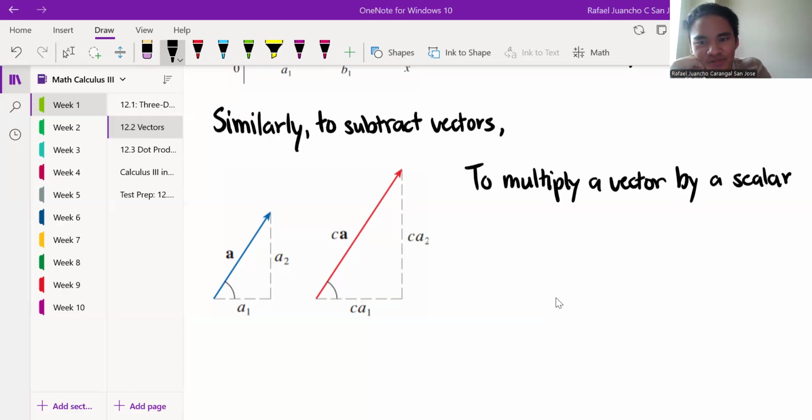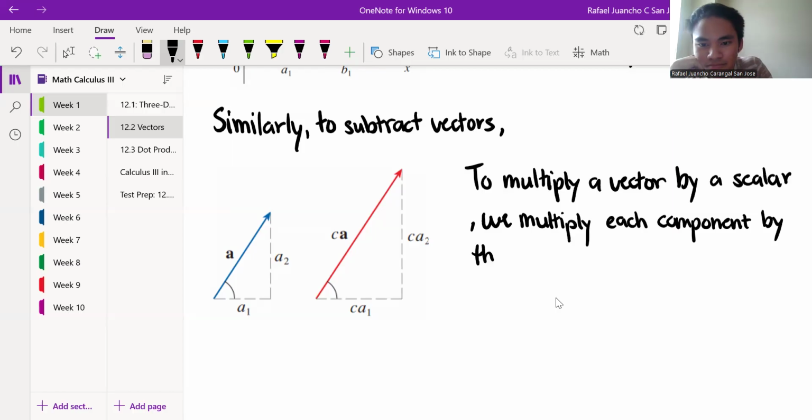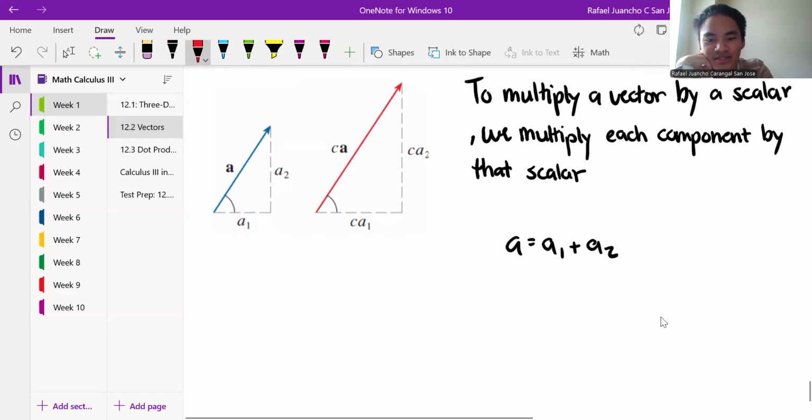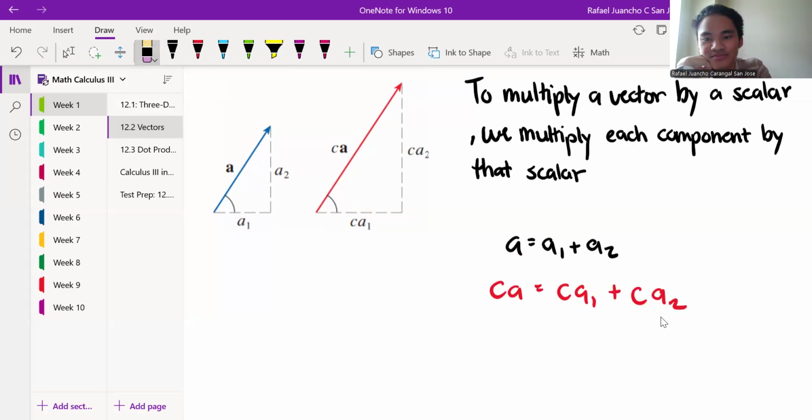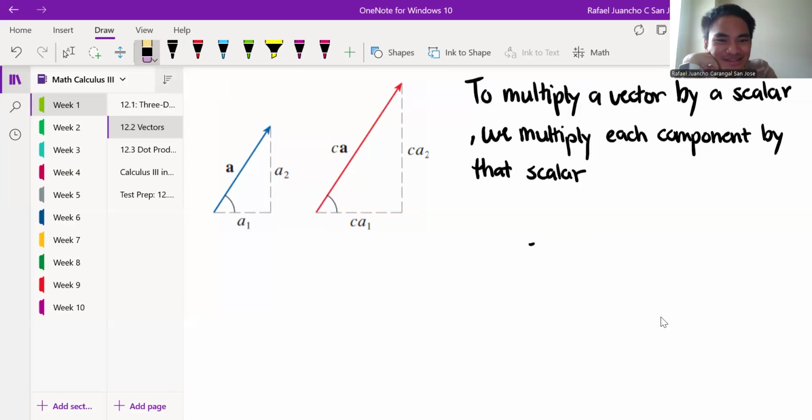We multiply each component by that scalar. Yeah, which we did earlier. A is A1 plus A2. We have a scalar of C. So if we multiply C to the left side, then we also multiply everything by C to the right side. That's funny. It's a tongue twister.